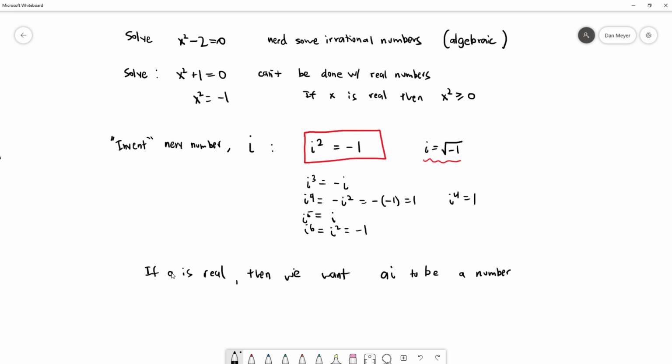We'd like to take this new number i and multiply it by our other numbers. I guess we already have a -i here, right? We'd like A times i to be a number. And then I wanted to say B times i, if B is real. And if A is real, then we want to be able to add a real number to one of these B times i numbers.